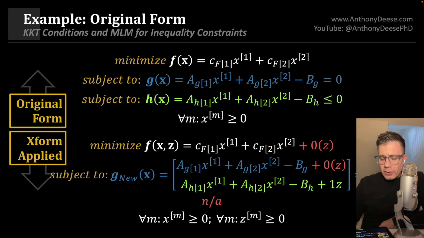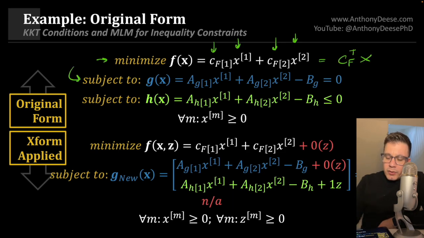All right, so let's take a look at an example, and then we're going to jump over to MATLAB and look at how to solve it. So we want to minimize an objective function that's composed, and these all take on a linear form. So we have CF1 times x1 plus CF2 times x2, which is similar to saying CF transpose times x.